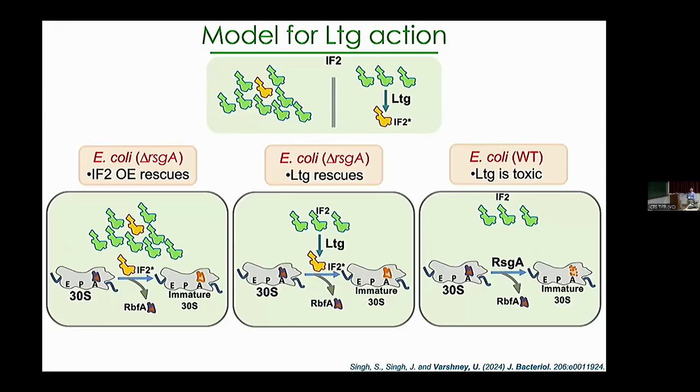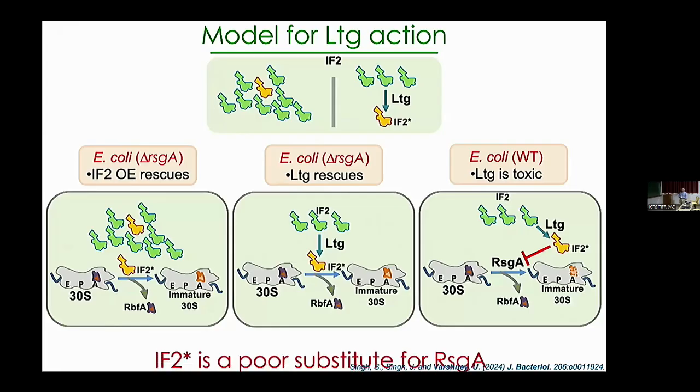Now, if you bring in IF2 also to do this job, and it doesn't do as good as RSGA, then it becomes toxic. You bring in this IF2 and try to bring it here, it is interfering with the role of RSGA and probably becomes toxic.